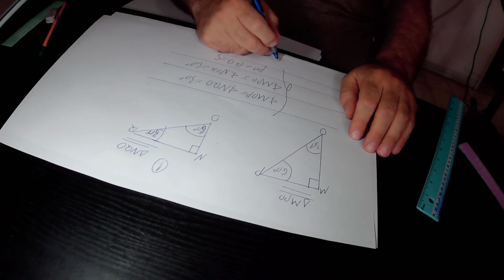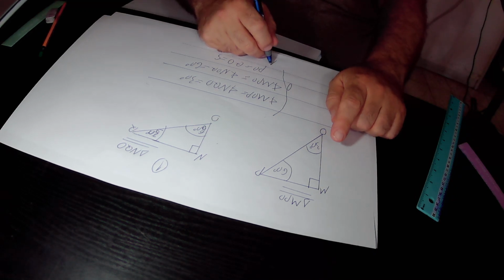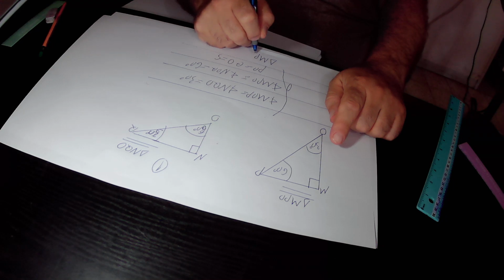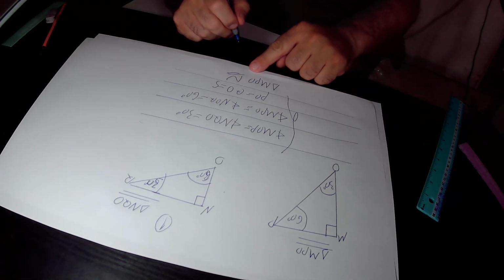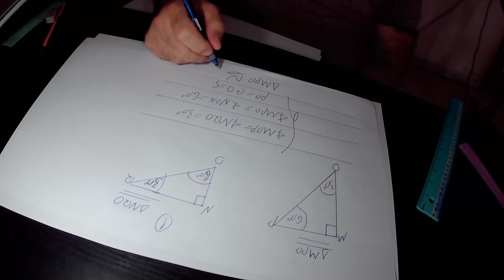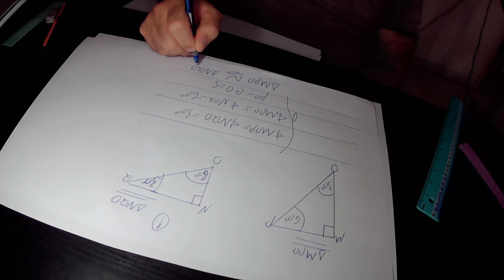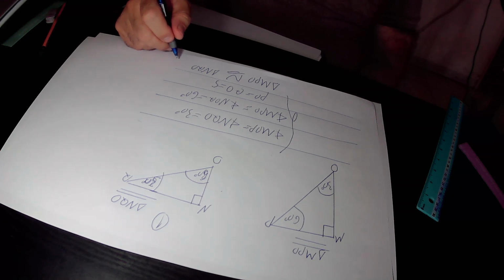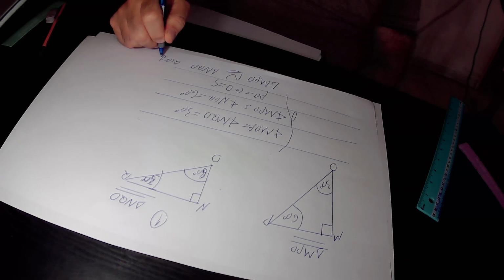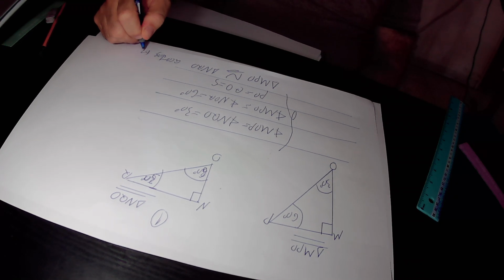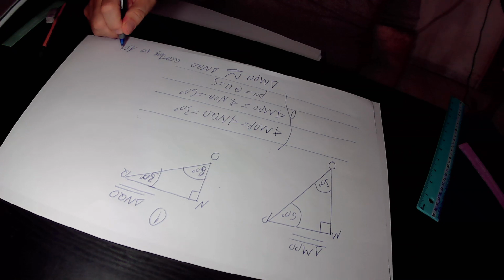I found out that this right triangle MPO is congruent, this is the sign of congruent, to the right triangle NQO according to the angle side angle rule.